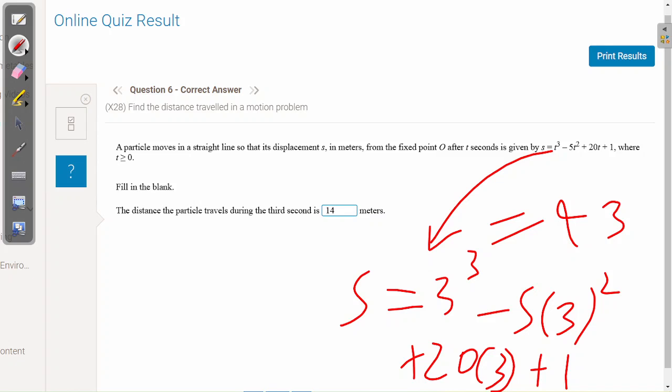That's for the distance at 3, and then the distance at 2, again on the calculator, you will get 29. So 43 minus 29 equals 14. So the distance traveled is 14.